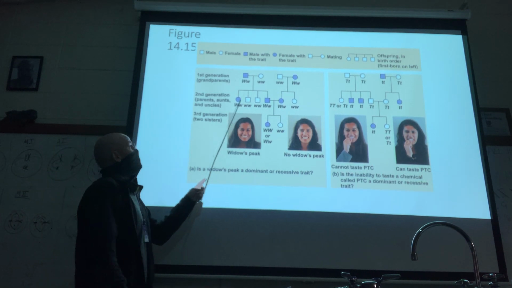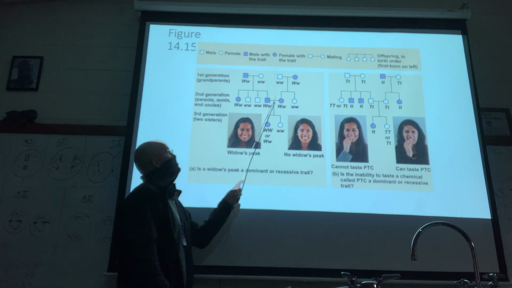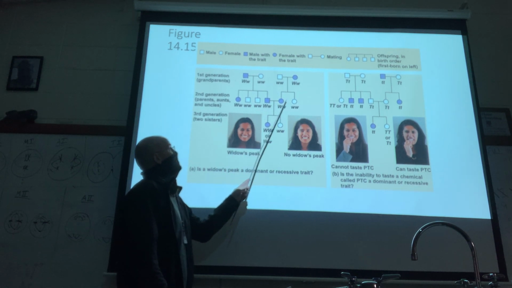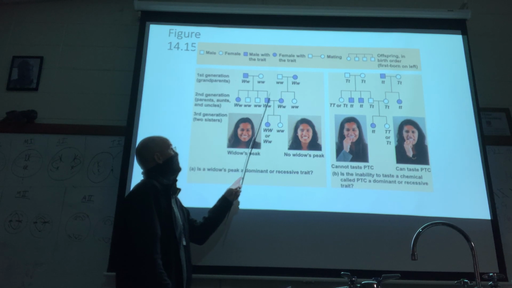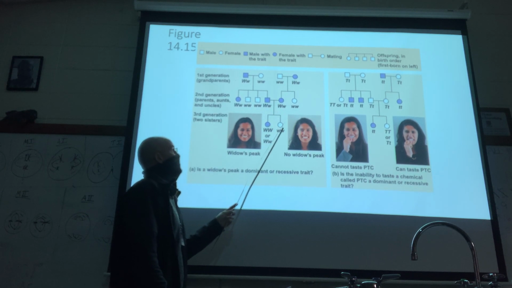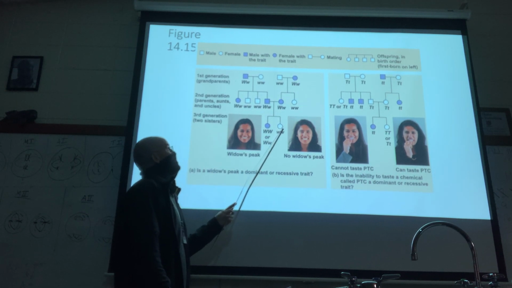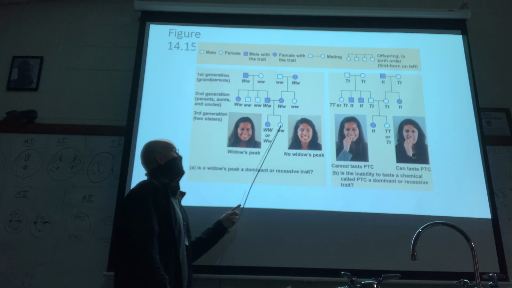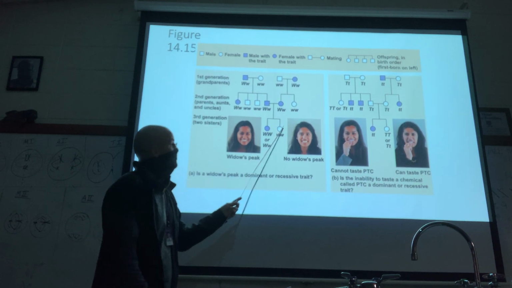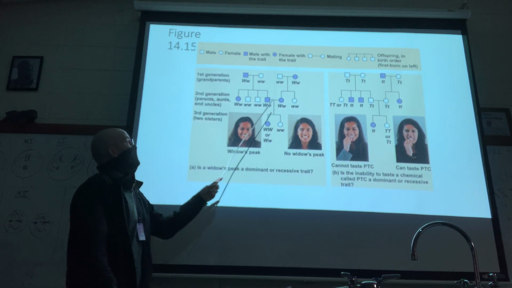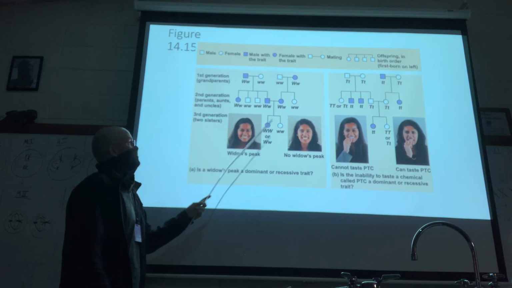So in this one over here, we have two parents that have the trait, a child that does not. So this child is recessive, and so the shaded is dominant.